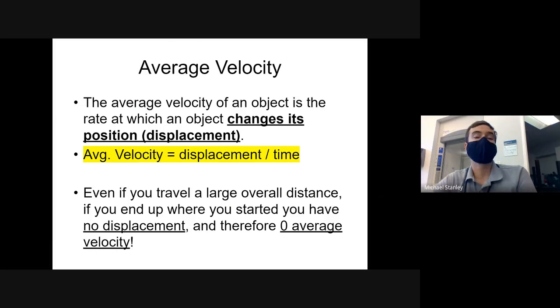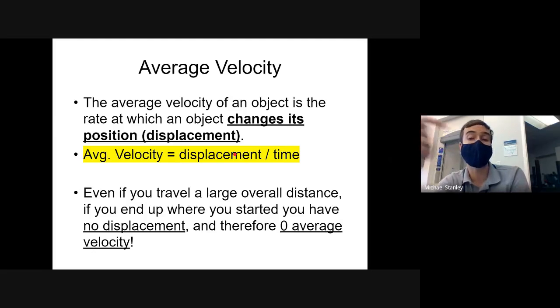Because of this, because we are also keeping track of direction and how an object is moving when we're calculating velocity, that means that the average velocity of an object isn't just the distance over time. For velocity, it is the displacement over time.